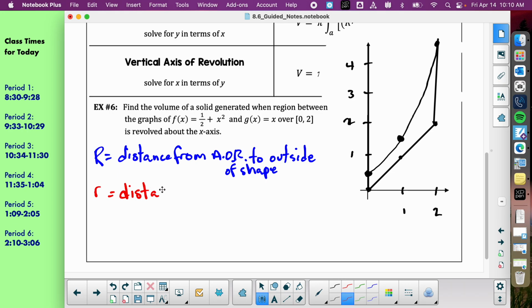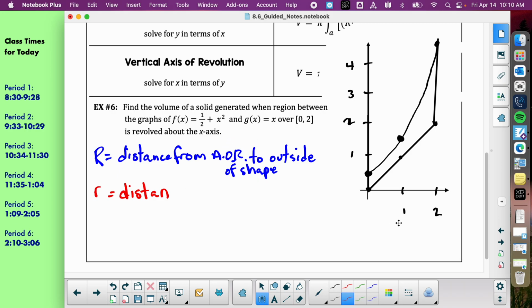Now, disk method, you're not going to have an inside of the shape. You're not going to have a hollowed out portion. So if your shape sits flush or right on the axis of revolution, you're only going to have 1 radius. If your shape is not directly on the axis of revolution, you're going to have 2 radii, and it would be considered washer method instead.